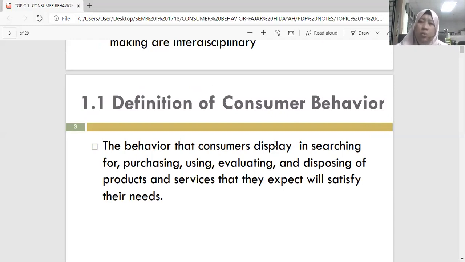When you want to buy something, you have multiple personalities and traits in choosing, whether you are a fussy customer, a pleasant customer, or a choosy customer. There are multiple personalities that we have to learn.